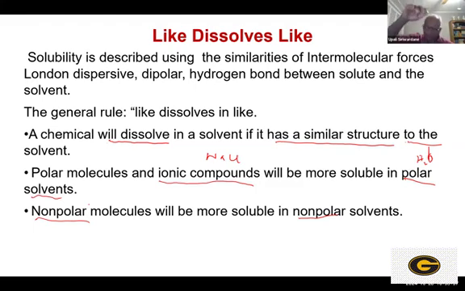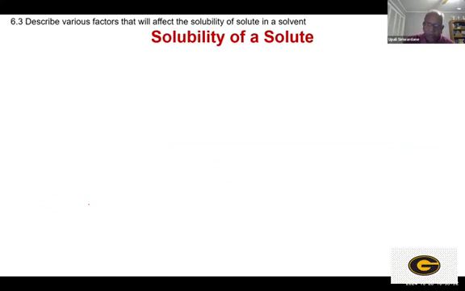Therefore, they are not like dissolves like. Polarity-wise, the solute and the solvent have to have similar intermolecular forces. That's the idea behind like dissolves like.